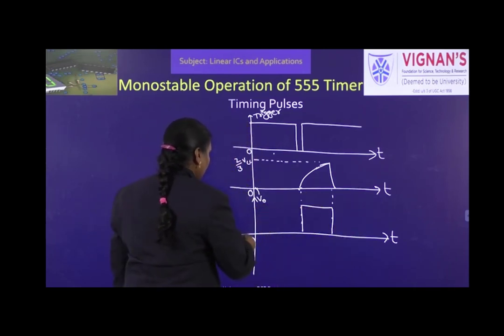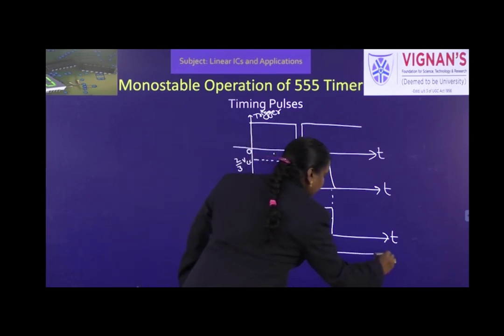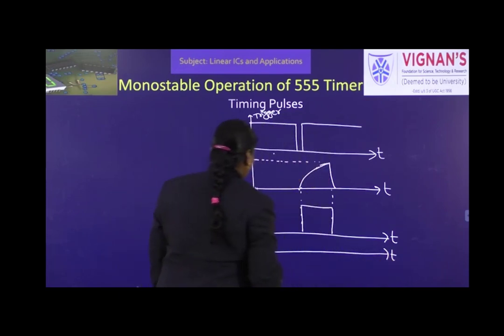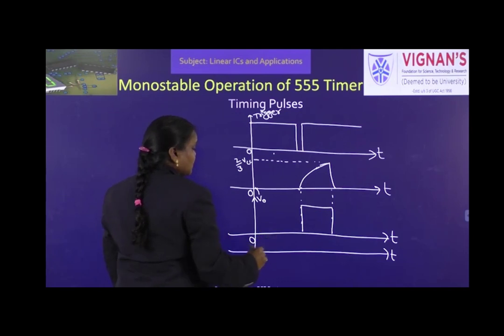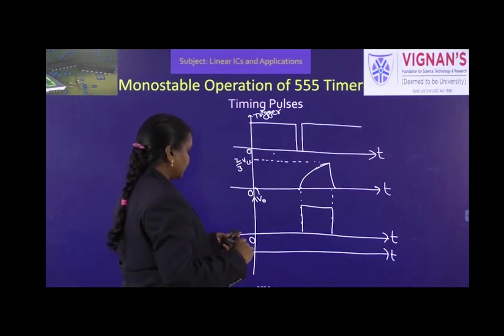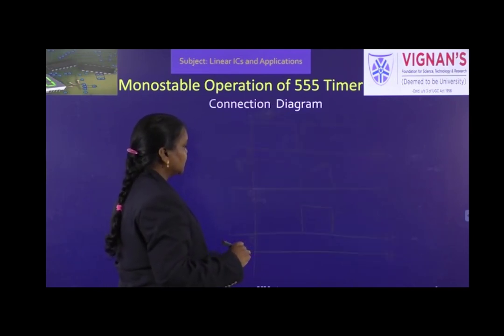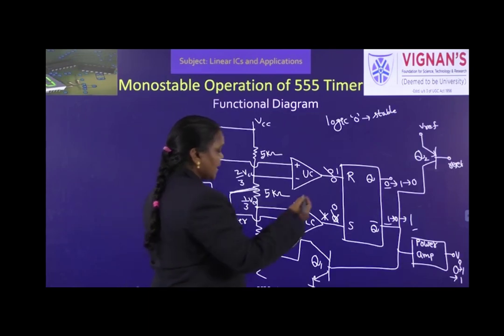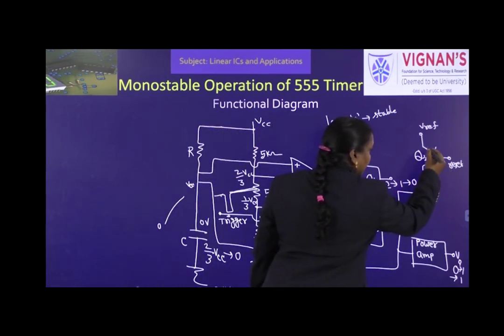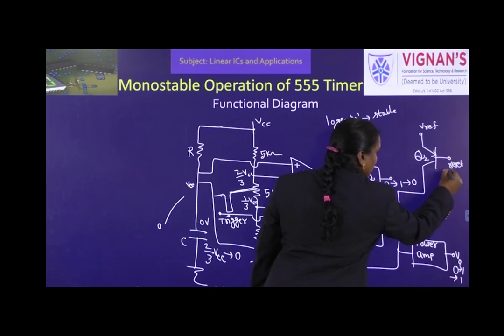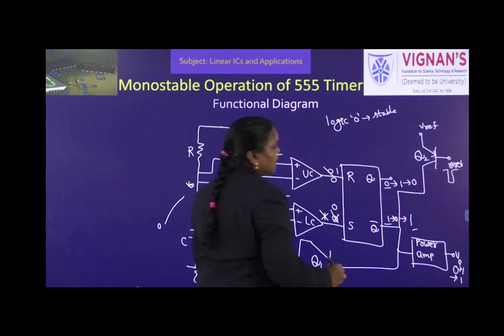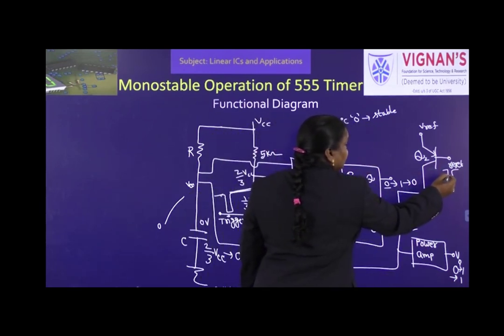Now, if I give reset pulse, so here if I give a reset pulse, it is PNP. So it is a negative going signal. So when I give the reset pulse, what happens?